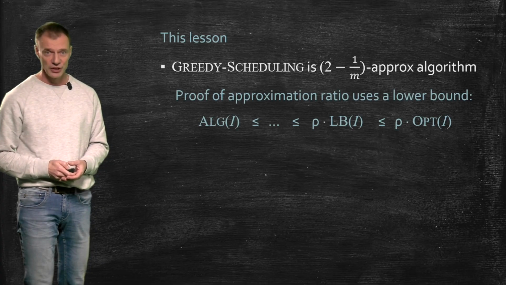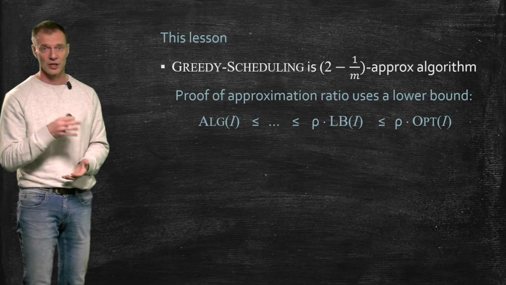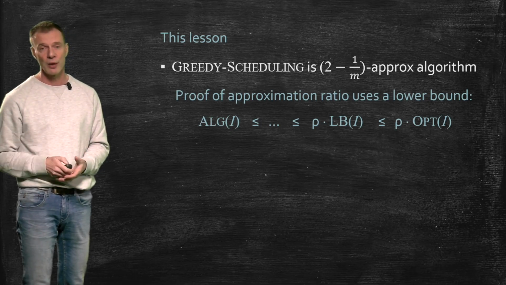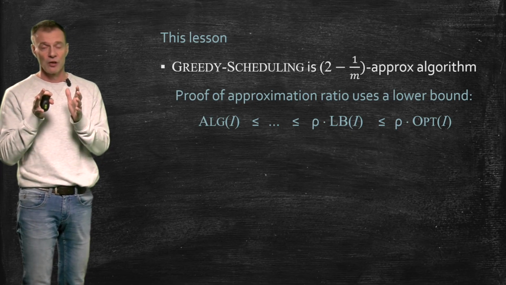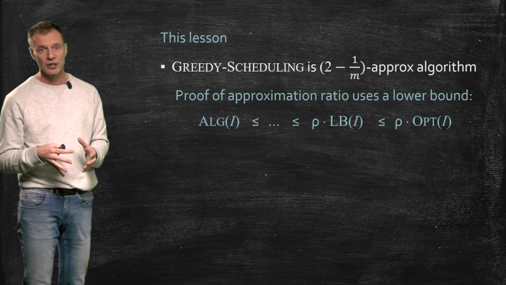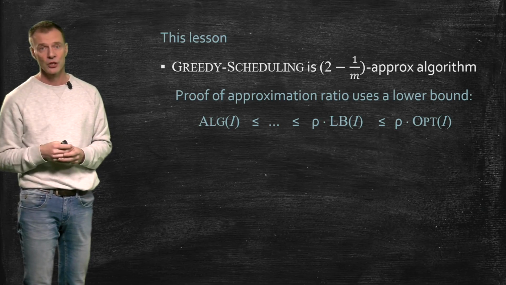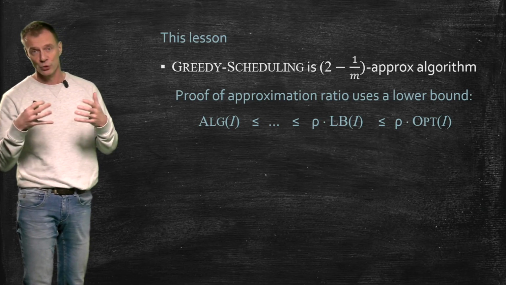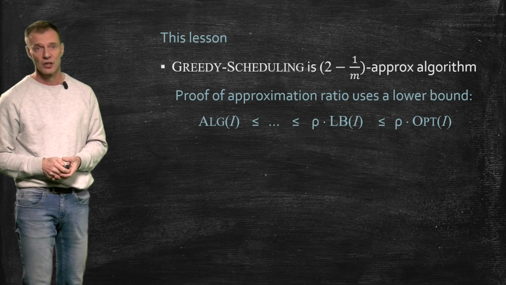So what we've seen here is, first of all, that greedy scheduling is a 2 minus 1/m approximation algorithm. What is very important to remember is that if you want to prove something like that, you do that by proving that it's at most 2 minus 1/m times a lower bound. So first you have to come up with a good lower bound, and then you can try to prove something like this.